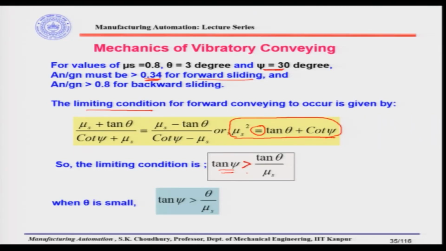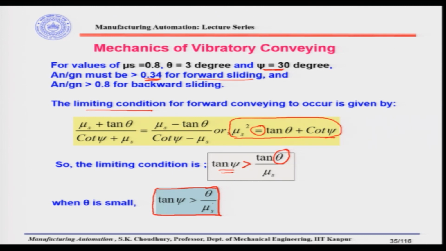Now, this can be simplified. If the track inclination angle is small, we can consider tan theta equal to theta, and then we can say in a simplified way that tan psi, which is the tan of the vibration angle, has to be more than theta by mu_s. So, this is the condition that has to be satisfied once again for parts to move forward.